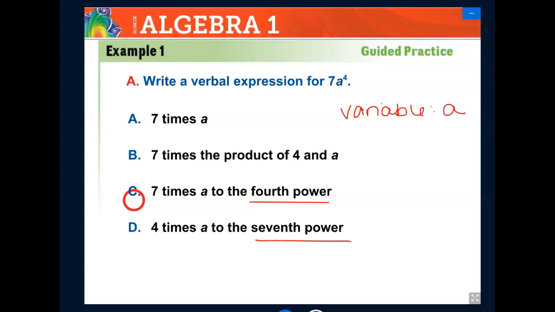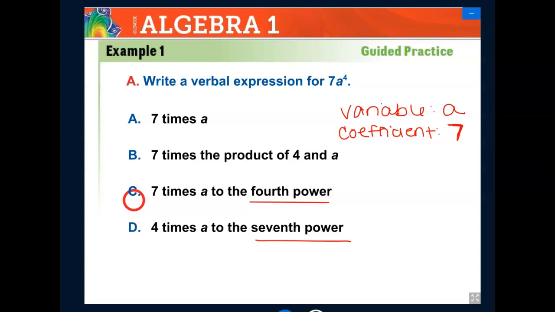All right, let's get a little trickier. What's the coefficient? Let's see how good I can spell. So you got the definition right. Now you tell me the coefficient. Awesome. It's 7.